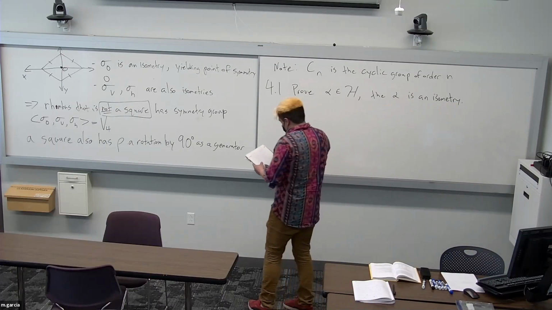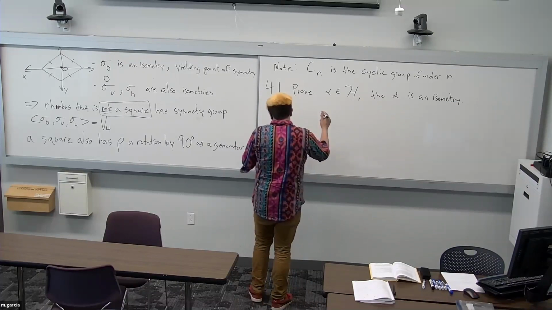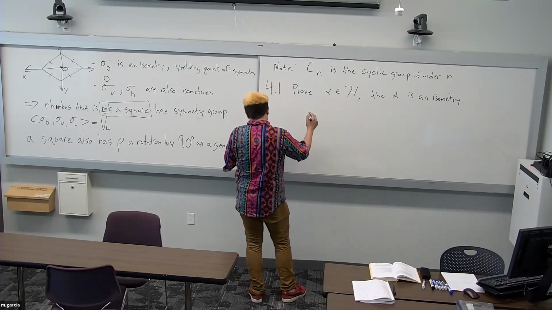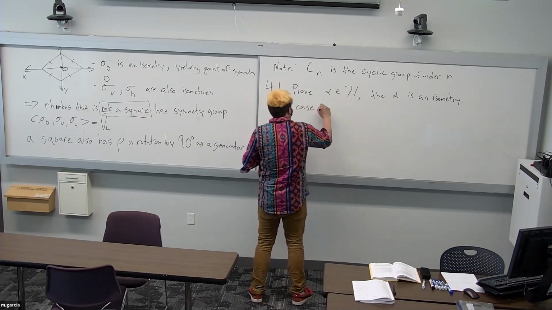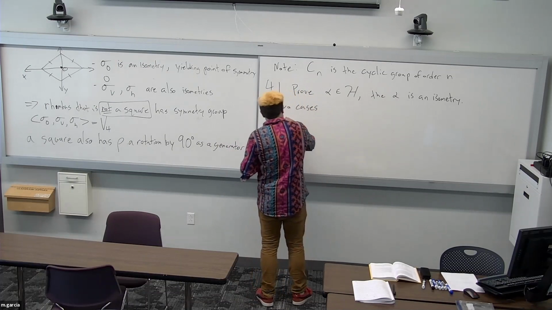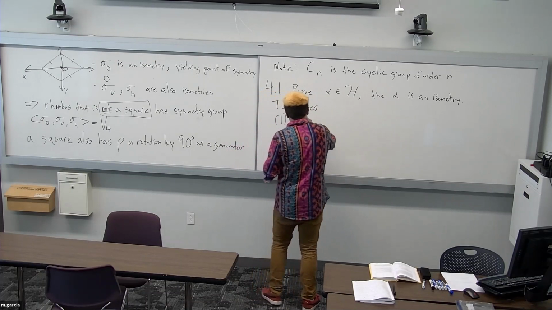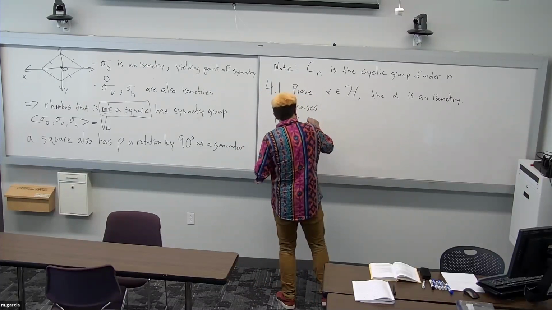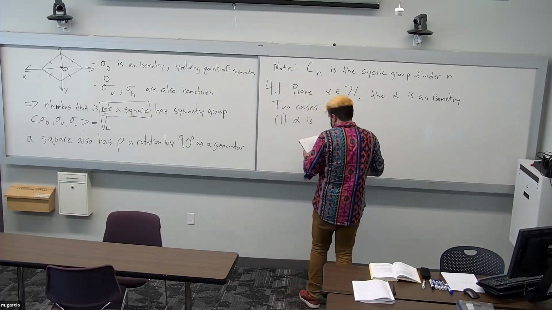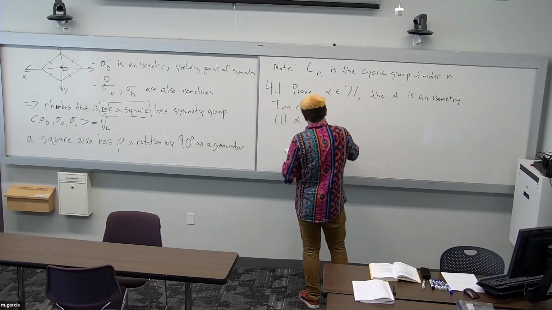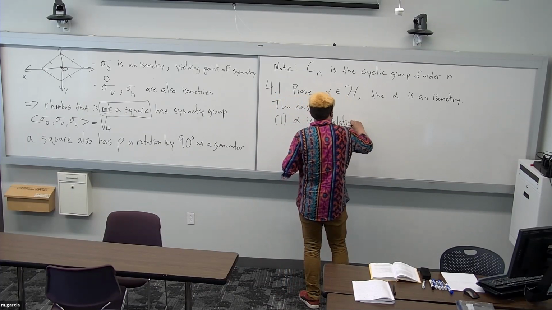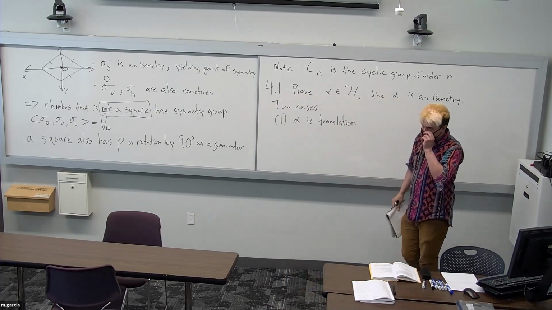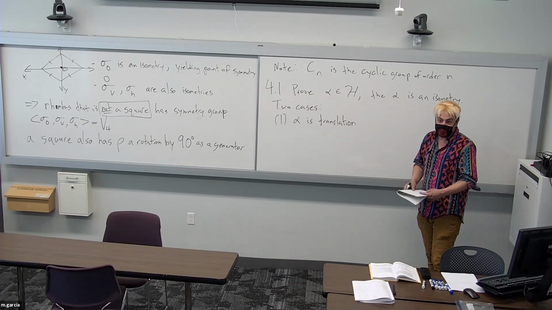Okay, so two cases. One, alpha is a translation. Well, I think we already proved that translations are isometries, right?